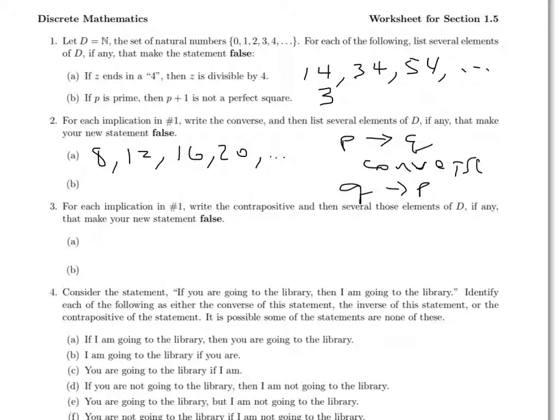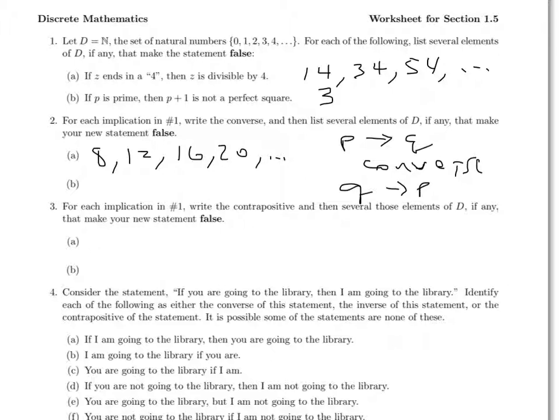The B part is a little harder to think about, but of course we think about perfect squares and primes, but the converse will be if p plus 1 is not a perfect square, then p is prime. So we're just switching the role of hypothesis and conclusion.